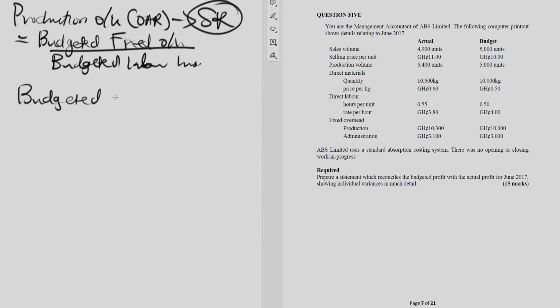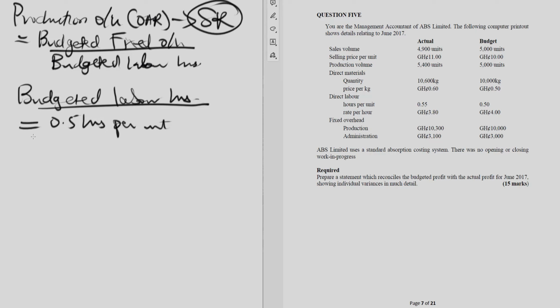So my budgeted labor hours, that's the total labor hours that are budgeted to use during the period, is what I need to get. I know that for each unit, I'm using 0.5 hours. This is per unit, right? This is just for one unit.